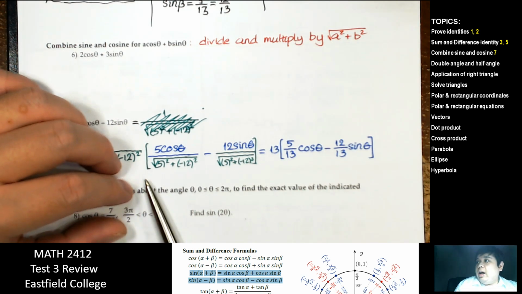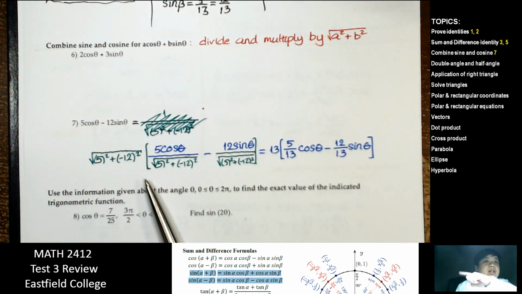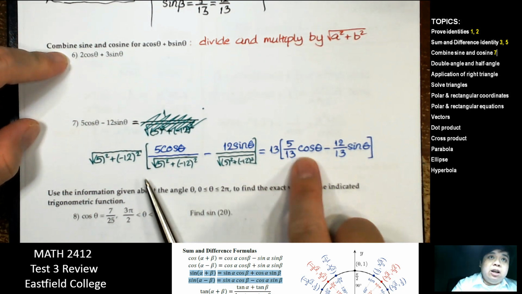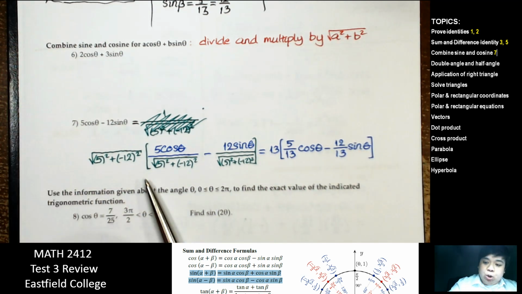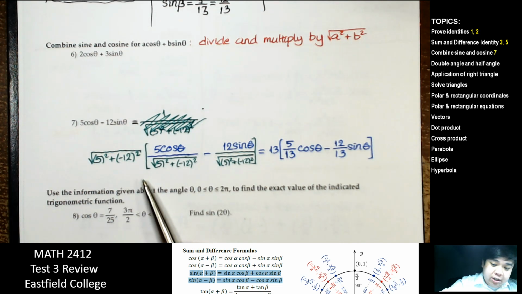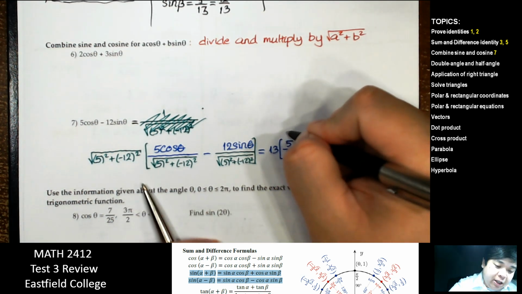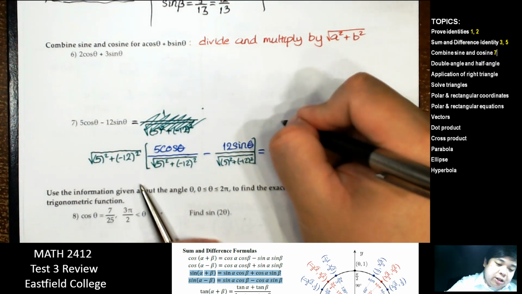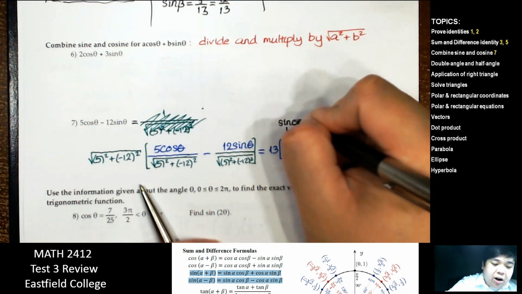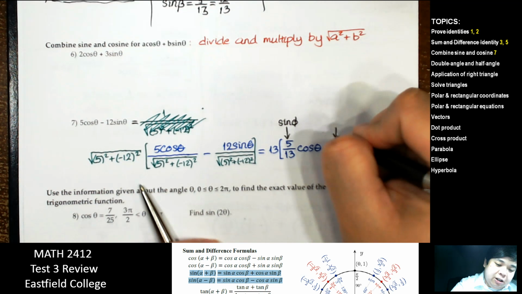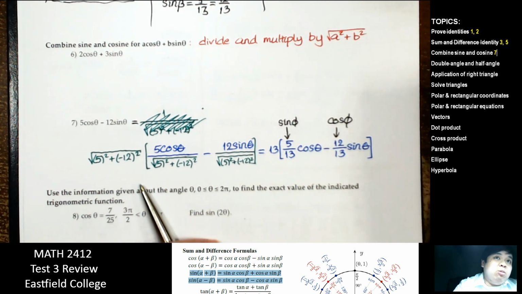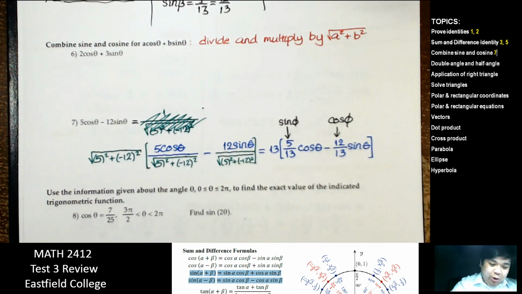Now we look at the two formulas that we highlighted over there. If we have sine, cosine, and then cosine, sine, that will be good. So what we'll do is we'll let this equal sine of phi, and this is cosine of phi, or whatever you call it.